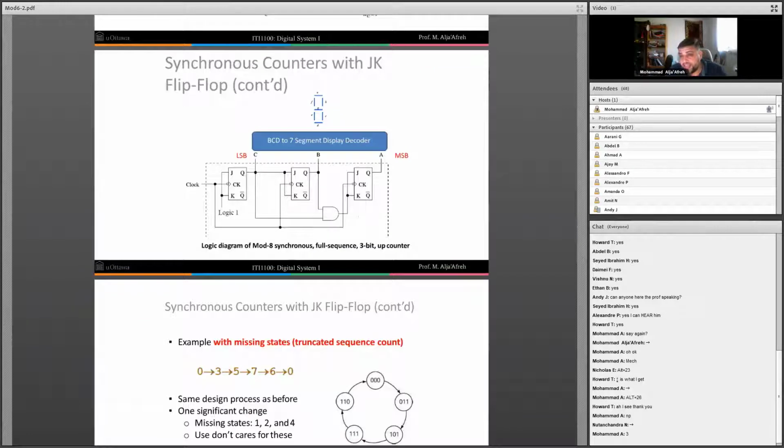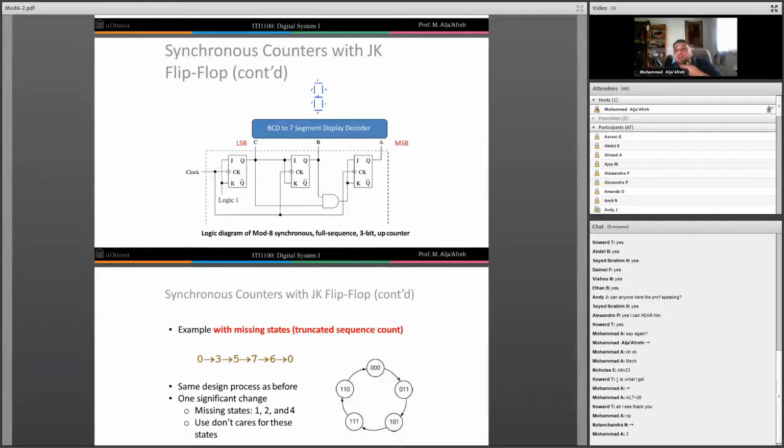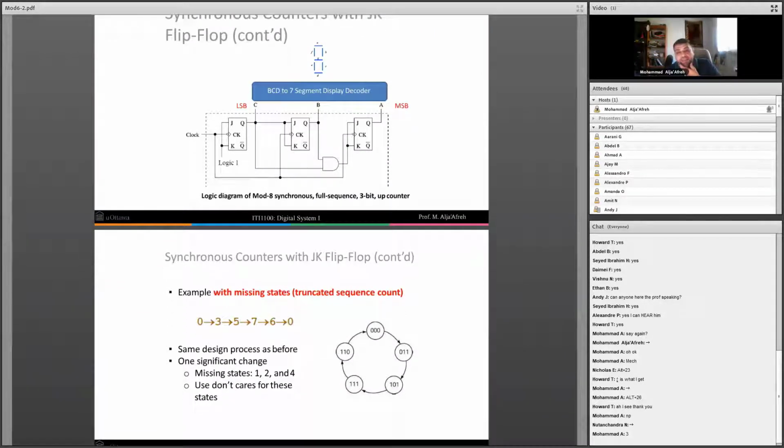Now let's take a look at an example where we are designing a truncated one. In the truncated one here, instead of incrementing by 1, I'm arbitrarily going from one state to another. So I'm going from state 0 to 3, then to 5, to 7, to 6, then back to 0.